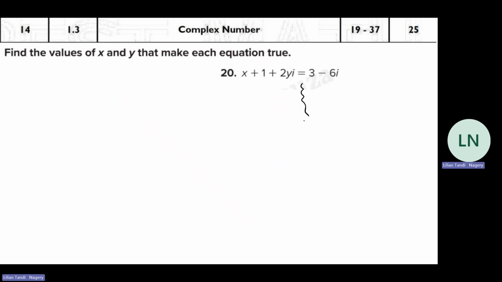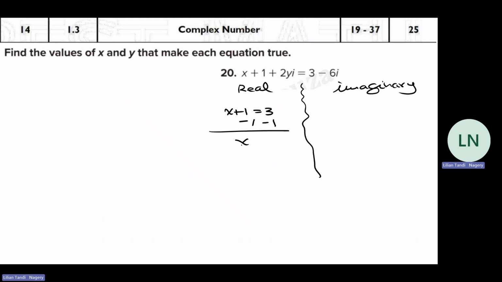Same thing here. I'm going to do the real here and the imaginary here. I'm going to write x plus 1 equals 3, minus 1, x equals 2. Box your answer. 2yi equals negative 6i.